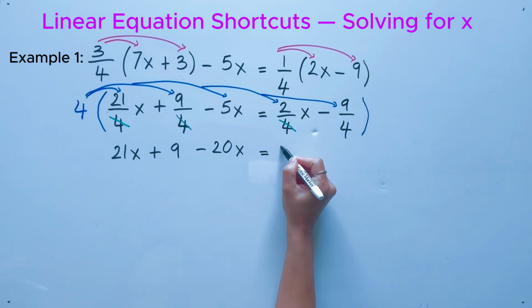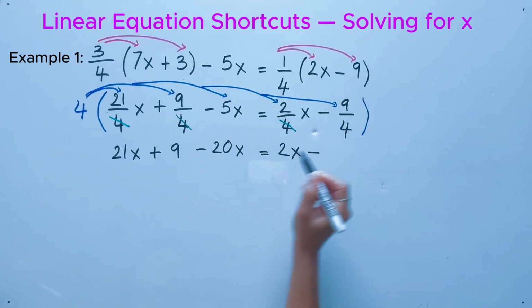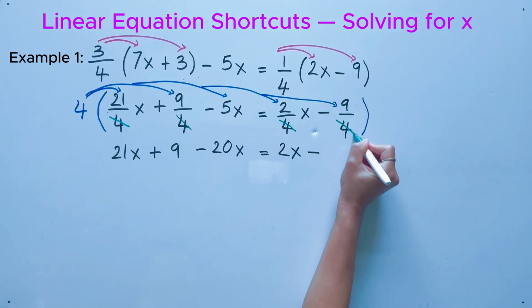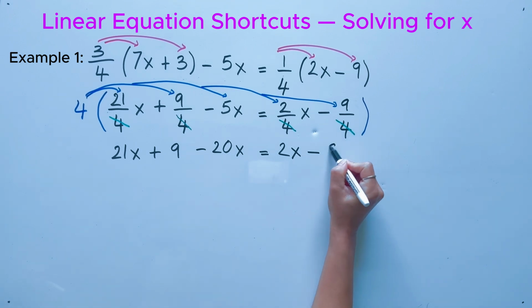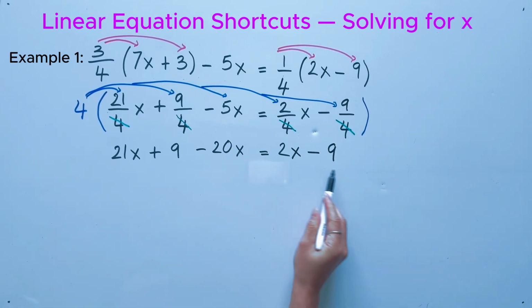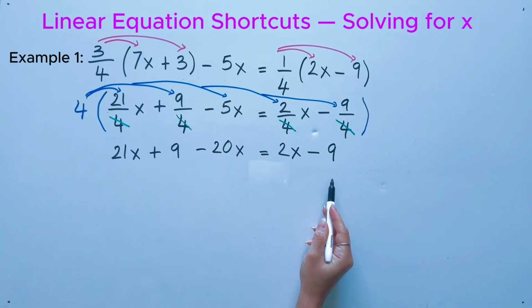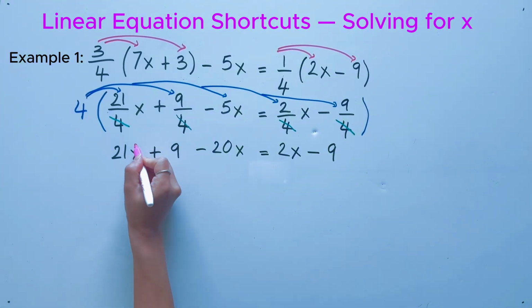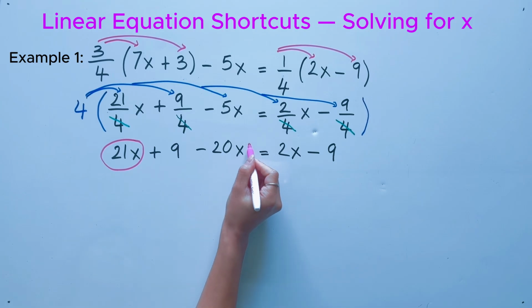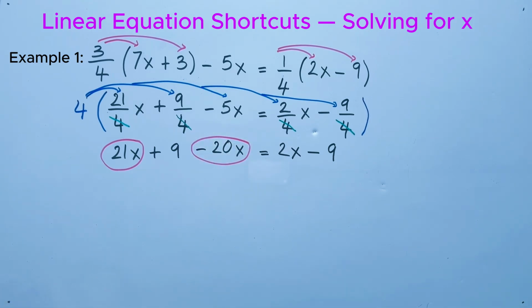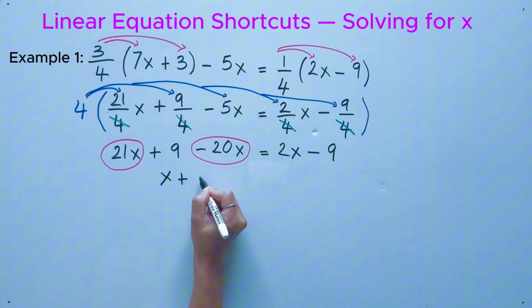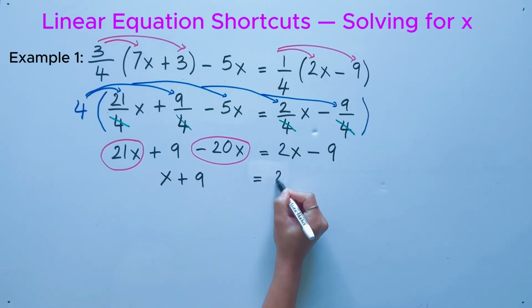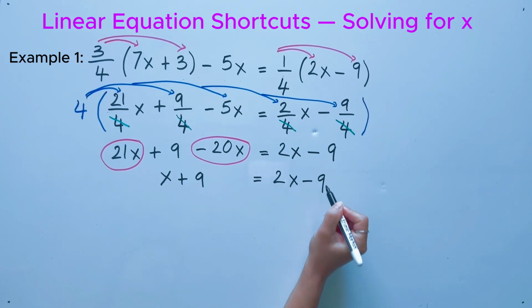So we have 2x here minus the same is 9. So now this looks much easier to solve, right? So we continue, combine like terms. This and this one. So 21x minus 20x is x plus 9 equals 2x minus 9.